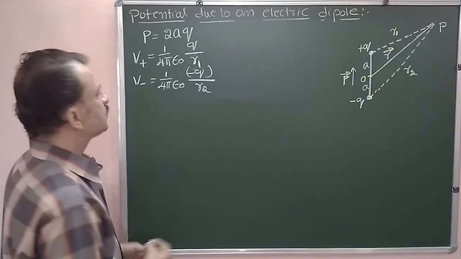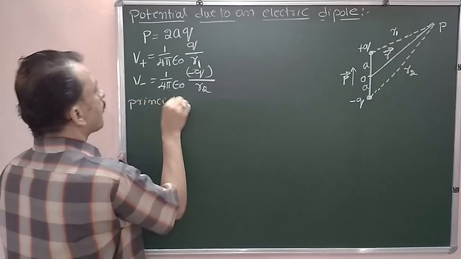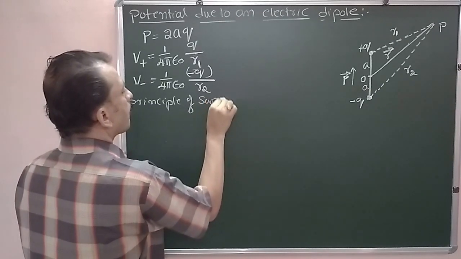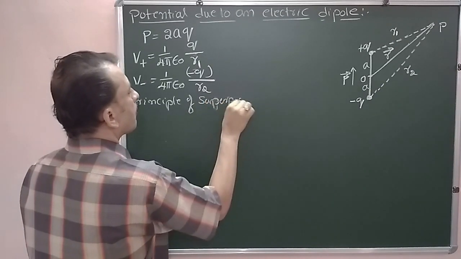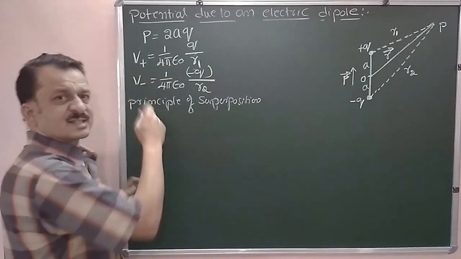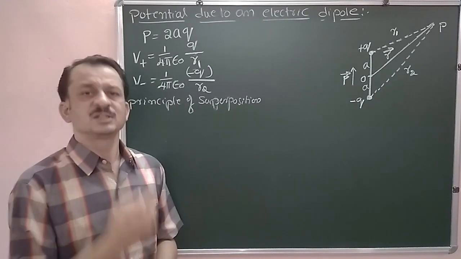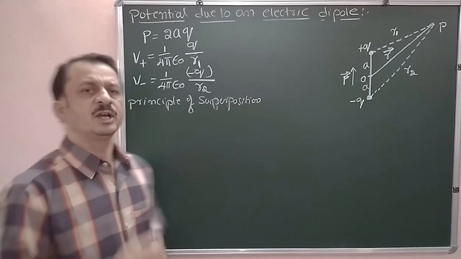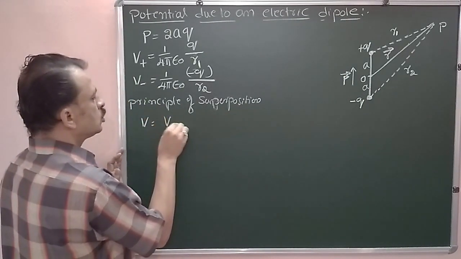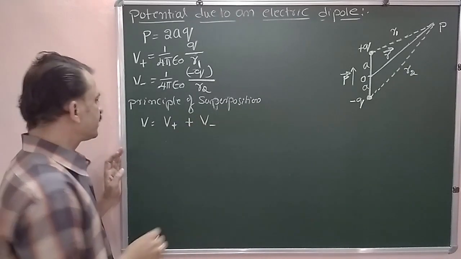Therefore, according to the principle of superposition, since it is a scalar quantity, the total potential is the algebraic sum of the potentials due to the individual charges. Therefore, total potential is equal to V plus V minus. It is the algebraic sum.